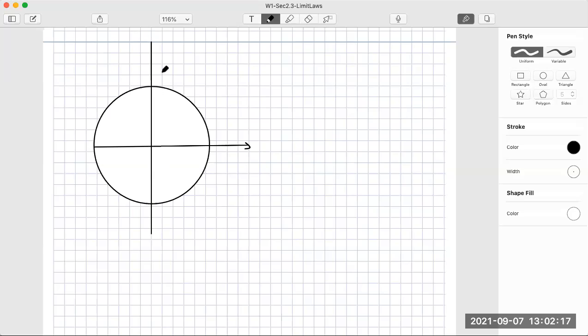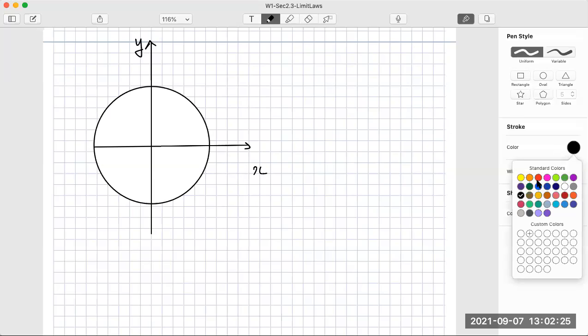Imagine there's a coordinate system in the x and the y direction. Suppose the axis here is the value.